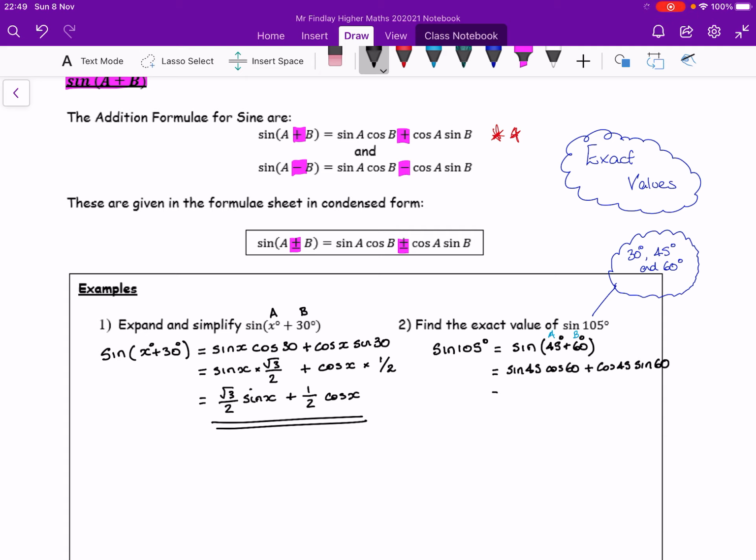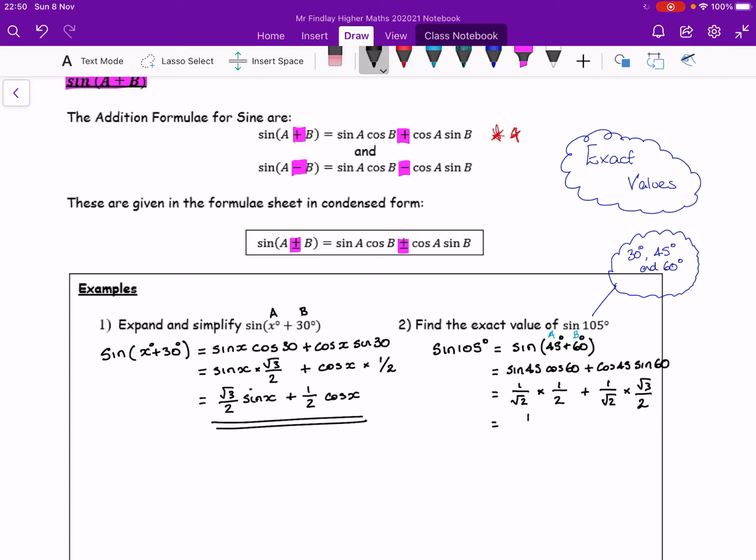So sine 45 is 1 over root 2, cos 60 is a half, cos 45 is again 1 over root 2, and sine 60 is root 3 over 2. I will always have consistency with my denominator, root 2 and 2 multiplied, and then add root 2 and 2. So there's always that consistency.